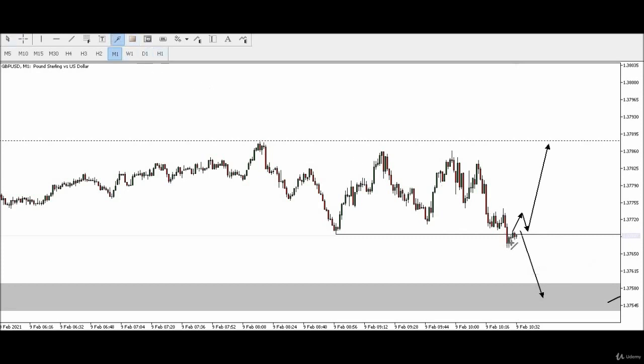Here it's already some kind of retest, so we are just looking for that rejection if we are going down, or the comeback to this level and above this level and retest, and then we can buy.